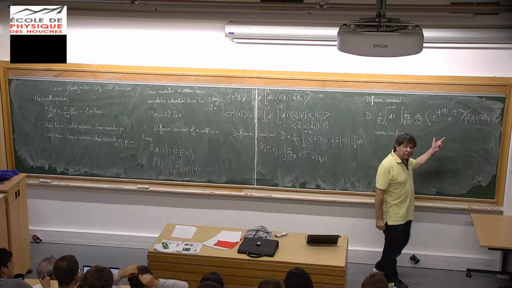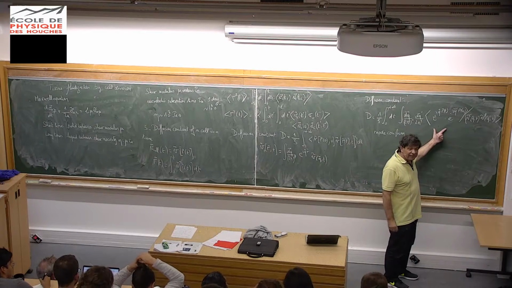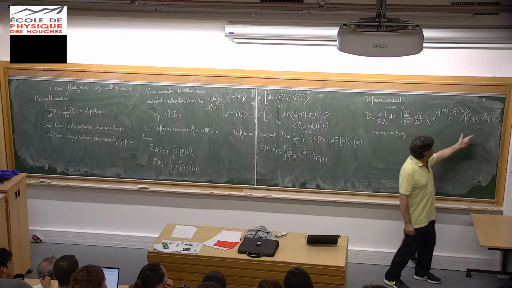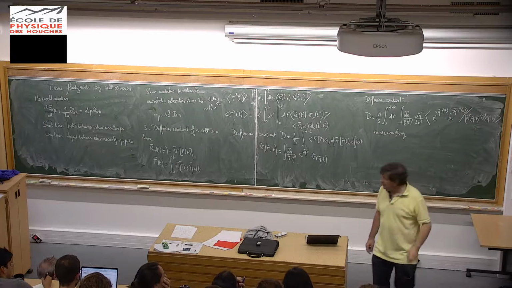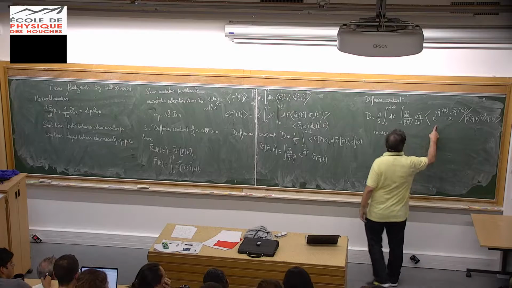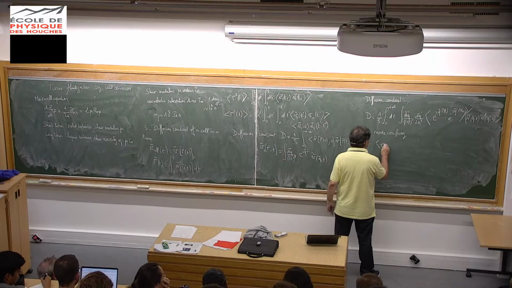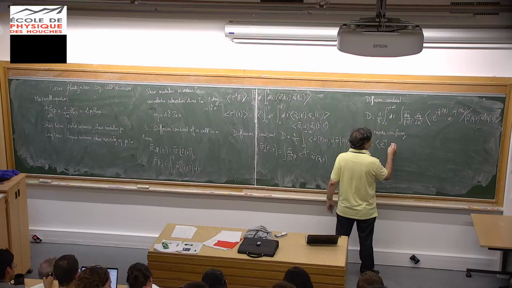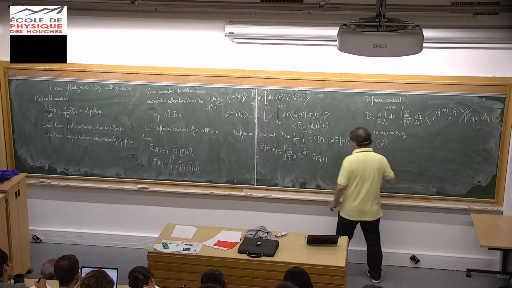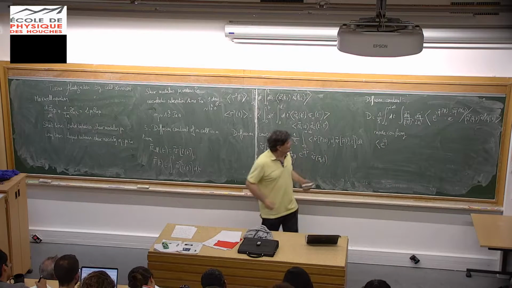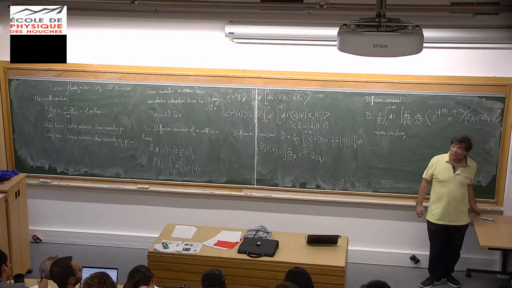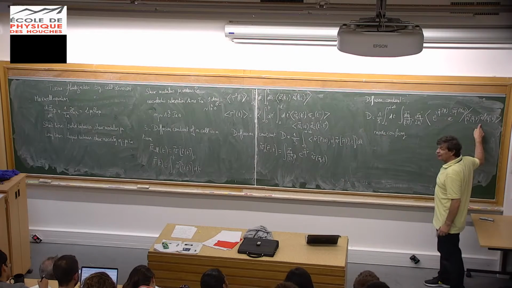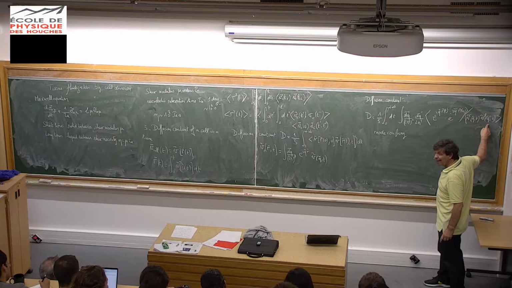Then I have two averages to calculate over the noise. This average that involves only positions, and this average that involves only velocities. The easy one is this one. Oh, before I say that, the average of the velocities will carry a delta function in q minus q'.